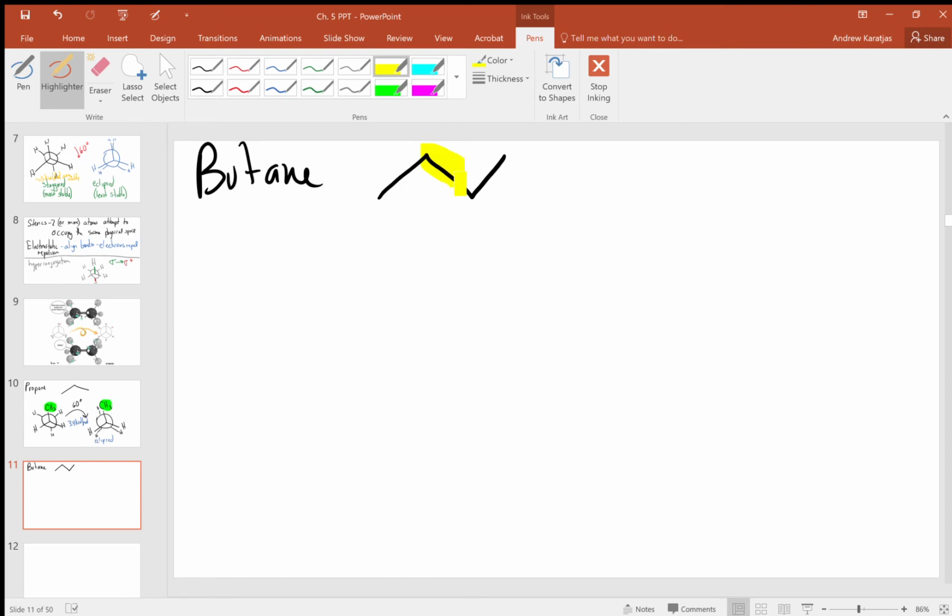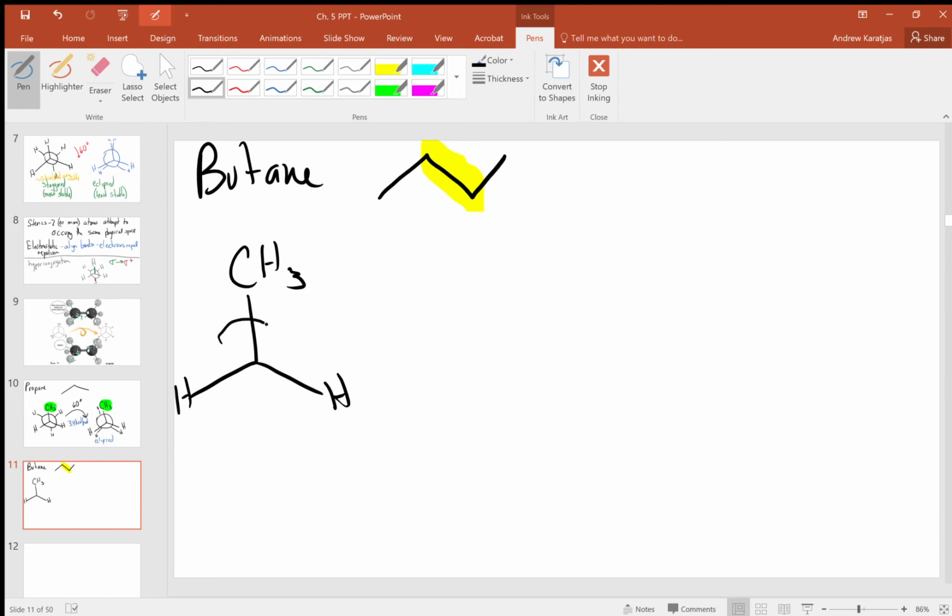And we're looking down this middle carbon-carbon bond. So you could start with this structure, and then I'm just going to start rotating by 60 degrees.